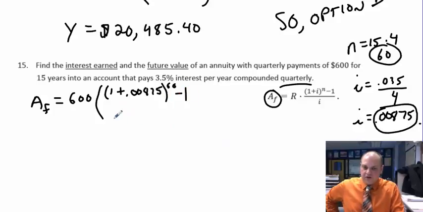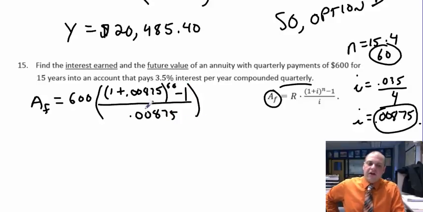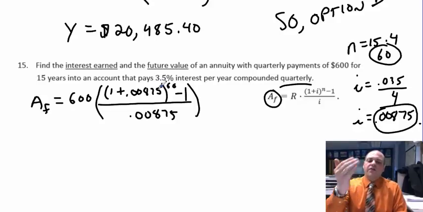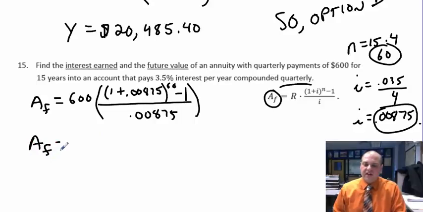Okay, then minus 1, just following the formula, and then divide by 0.00875. Just putting this into your calculator carefully. You may want to do the top, and then hit enter, divide by the bottom, enter, and then times 600. That's going to be your best bet to make sure mistakes aren't made.